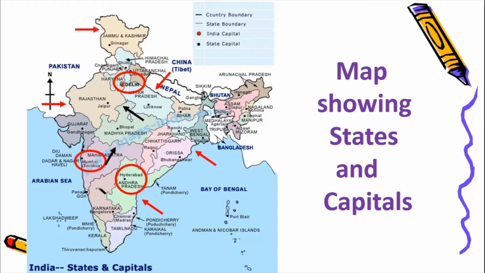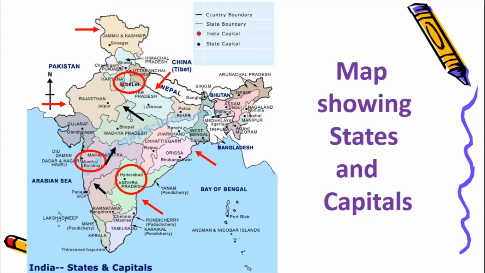Okay, so this is how we learn things on the map. And see, one more border line, which is showing the border between Karnataka, Maharashtra and Goa. So here you will see Maharashtra's border with Karnataka and Maharashtra's border with Goa as well.